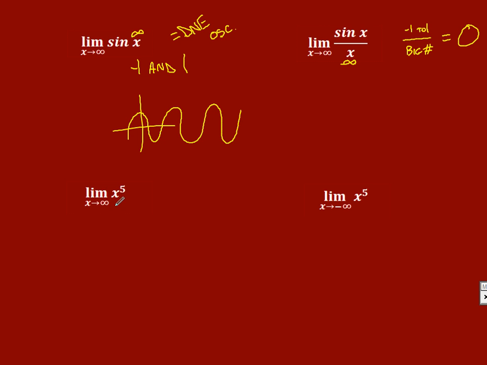Another example here, the limit of x to the 5th. If I plug in infinity to the 5th, that's just a big, huge number, that is infinity. Here's another example when it was negative infinity to the 5th. Well, 5 negatives, that means I'm going to end up with a negative answer, negative infinity, as my final response.